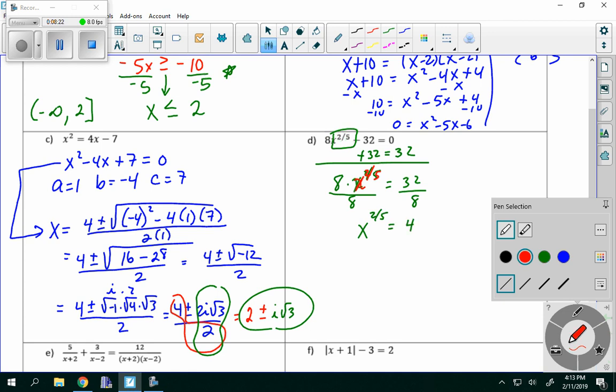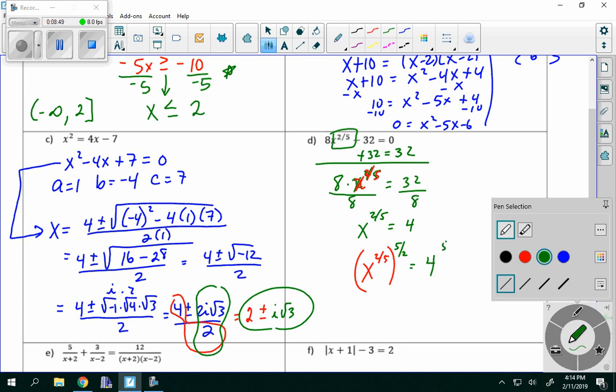All right. Now how do I undo something that has 2/5 as its power? Well, you could do two different operations if you want. You could undo the square by square rooting. You could undo the 5 by raising to the 5th power. Or you could do both of those things at the same time by taking x to the 2/5 and raising it to the 5/2 power.